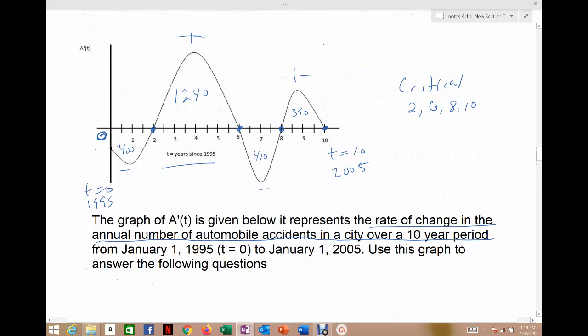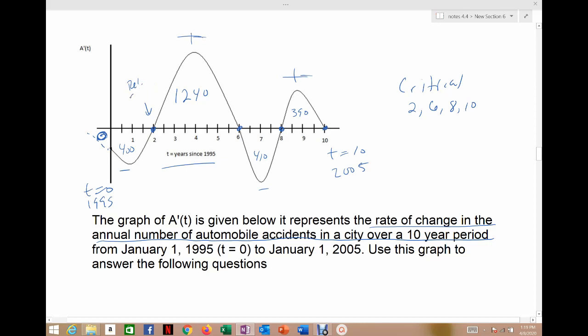Now, it could be a minimum. However, what's happening after 0 is I'm still losing more people, so it's not going to be my absolute minimum. So I'm going to throw 0 out. I was losing before, but it's not an absolute minimum because after 0, I've got this negative area, so I'm still losing. So I'm not going to include 0, but I am going to include 2.